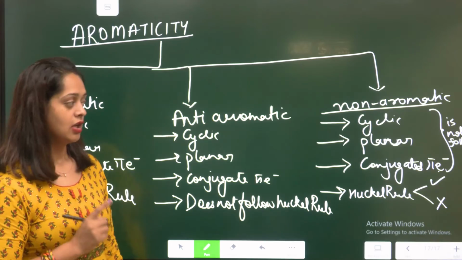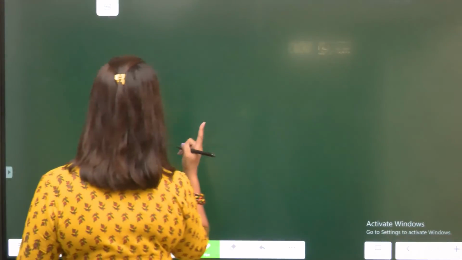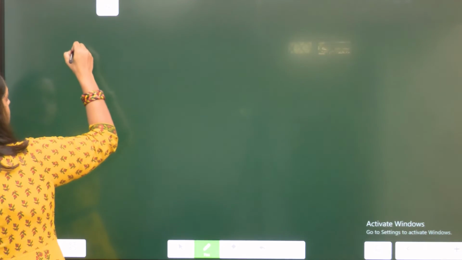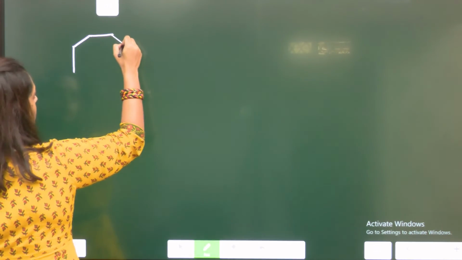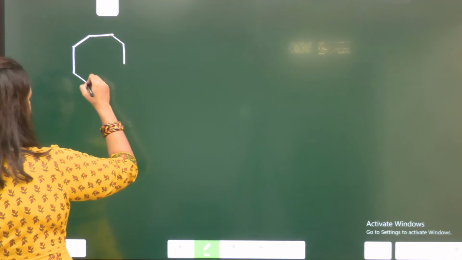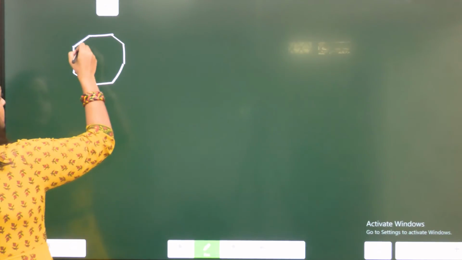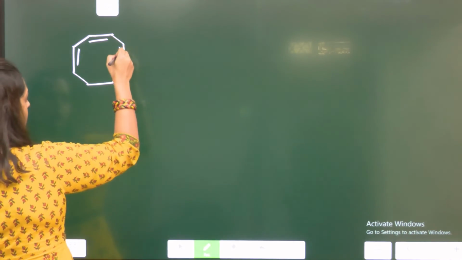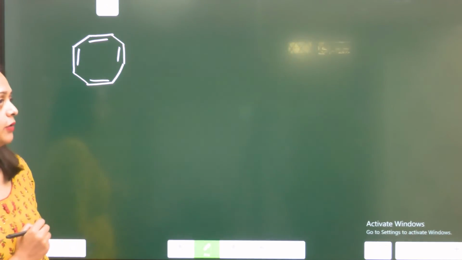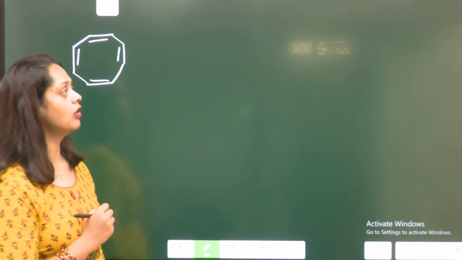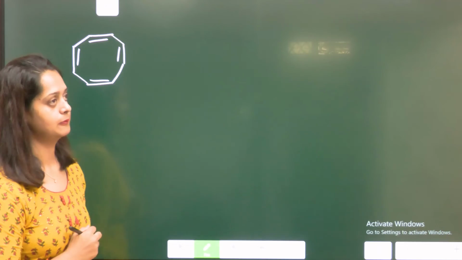Yes, ma'am. So there comes one exception molecule. We will be practicing more questions in the next class, but I wish to tell you about an exception molecule, and it is the most versatile one which is asked. So this is a cyclic structure of 8 members. Now you need to tell me whether this compound is aromatic or non-aromatic or anti-aromatic.